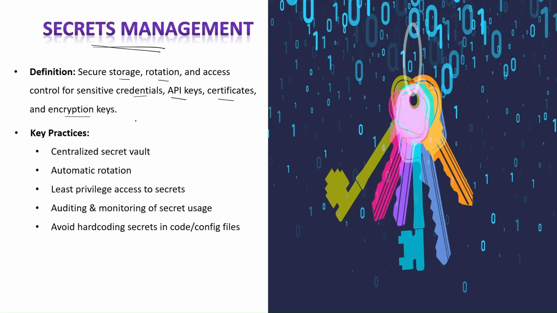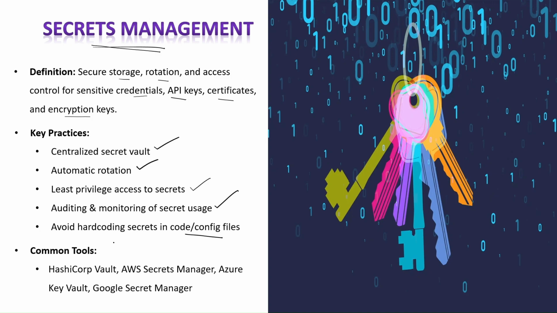So key practices for secret management include a centralized secret vault, automatic rotation, least privilege access to secrets, auditing and monitoring of secret usage, and to avoid hard coding secrets in code or configuration files. Some common tools for secret management include HashiCorp Vault, AWS Secrets Manager, Azure Key Vault, and Google Secret Manager.